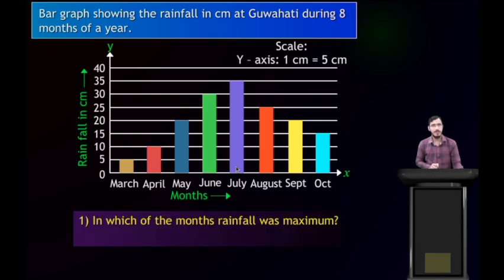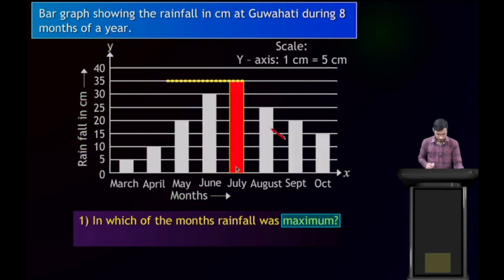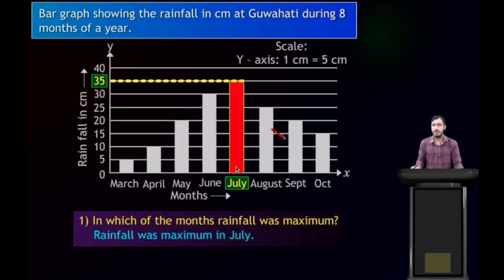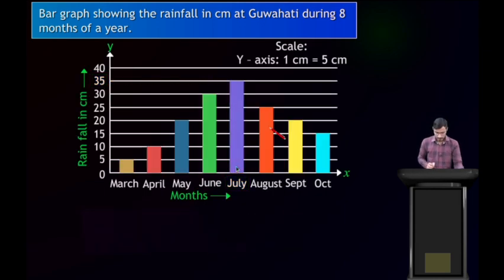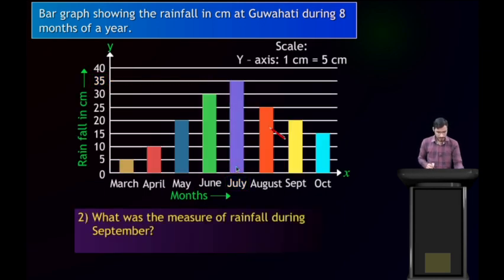Can you tell me in which month rainfall was maximum? Yes, you can see the rectangular bar in July is the highest, so rainfall was maximum in July.